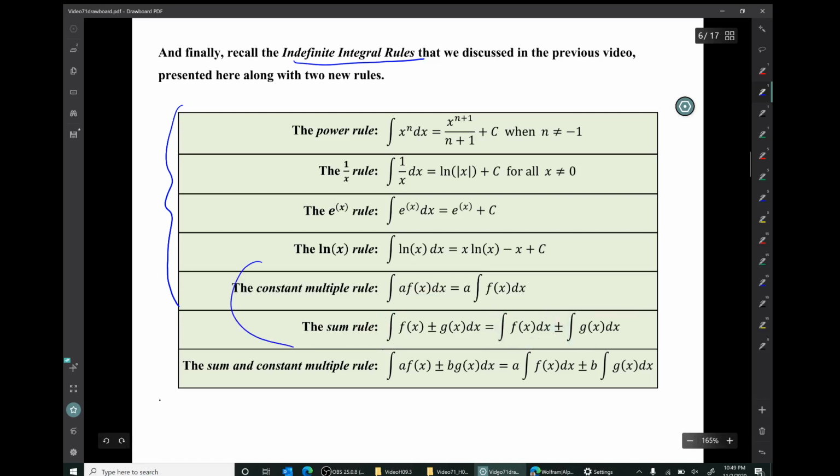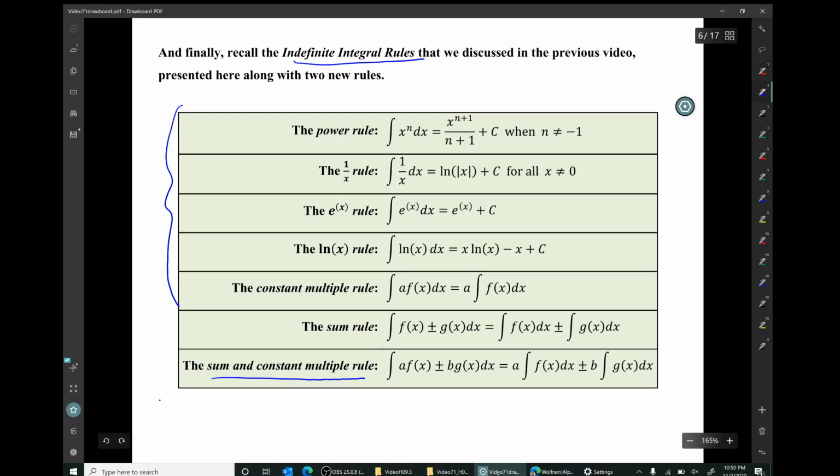And then finally, these two rules, the sum rule and the constant multiple rule, can be put together into this combined sum and constant multiple rule. This rule says that you can do sort of the obvious thing.